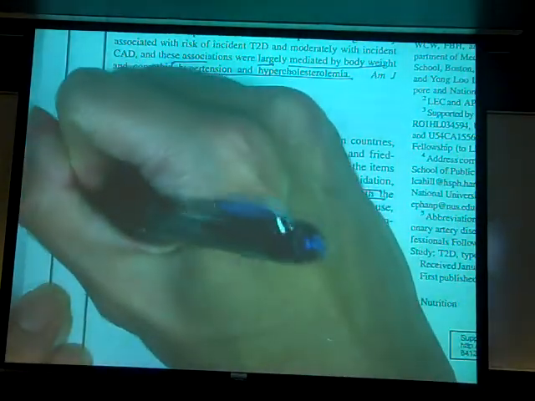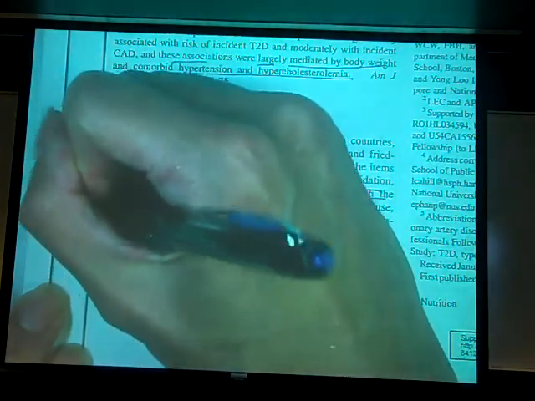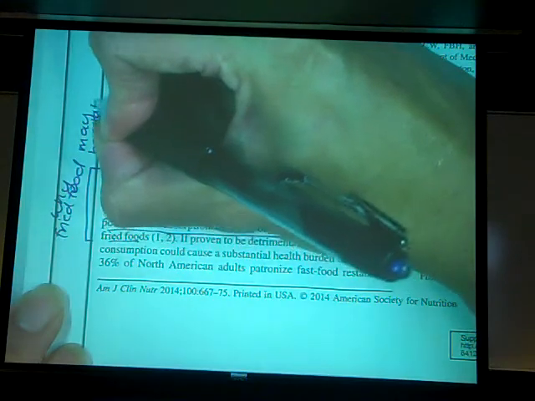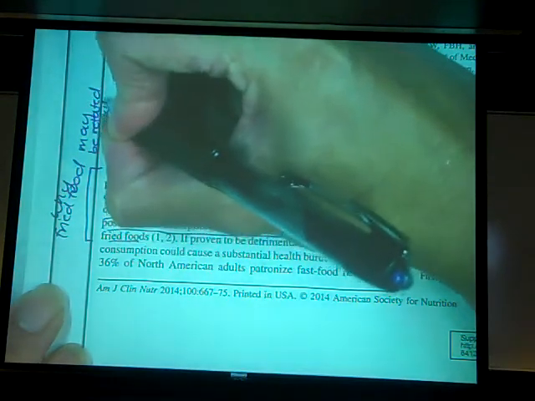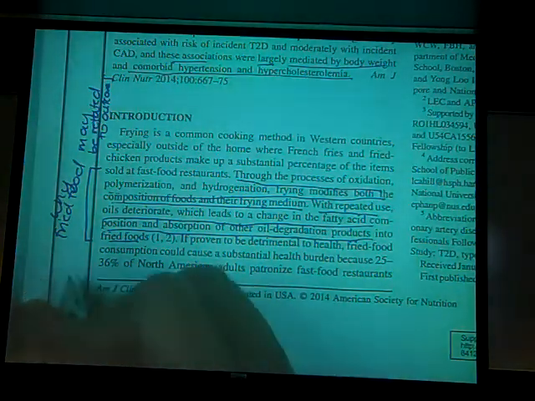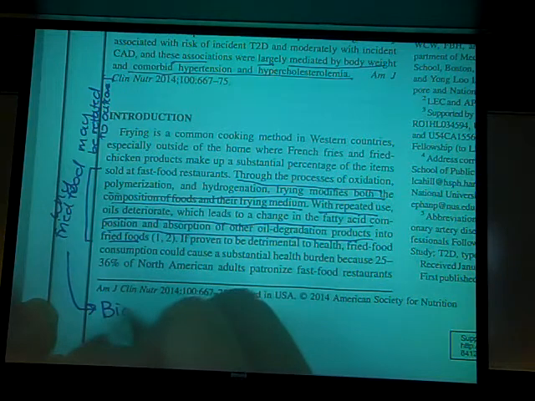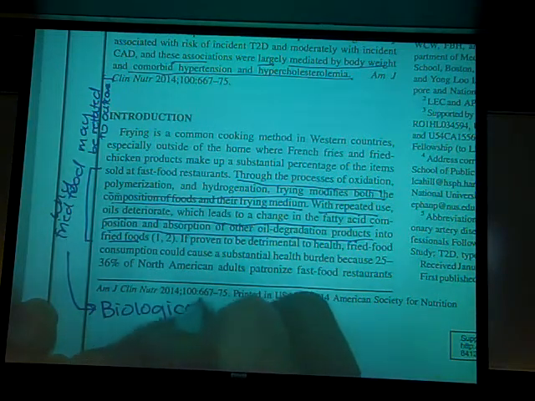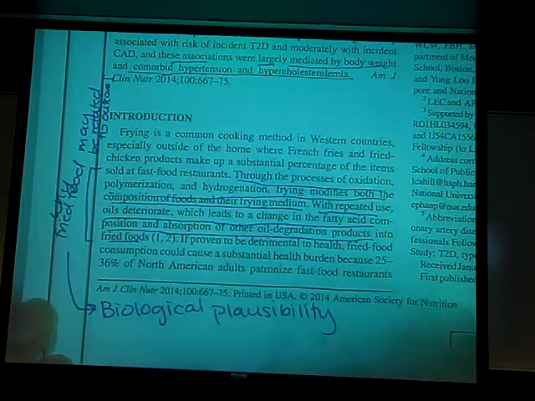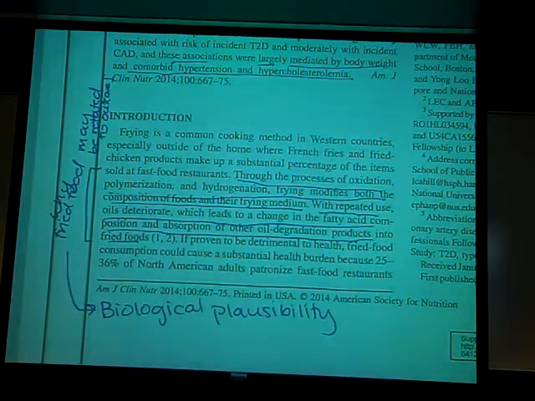And so here, this tells us a little bit about why fried food may be related to my outcomes. And in epidemiology, we refer to this as biological plausibility. In other words, what is the mechanism by which fried food could impact the biology within an individual?